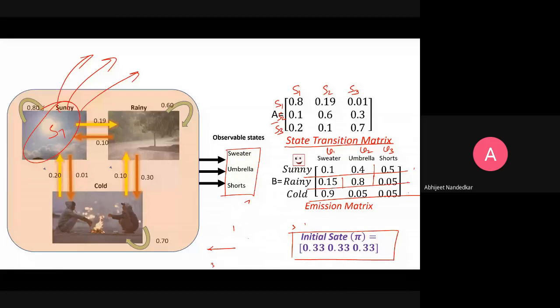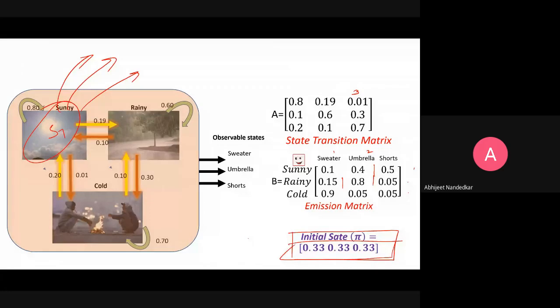When you start your machine, what was the initial status? As all weather is supposedly equally likely, that is, you can have a sunny day, cold day, or rainy day with equal chances, we can have this initial guess. Remember, the sum of this is also 1.